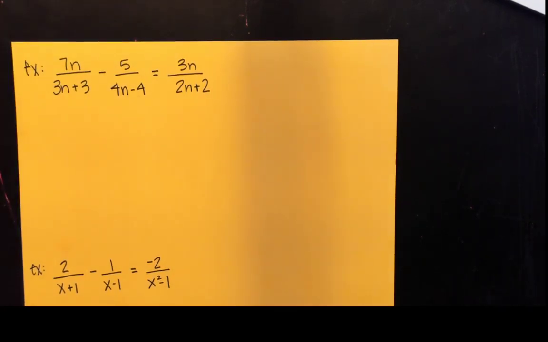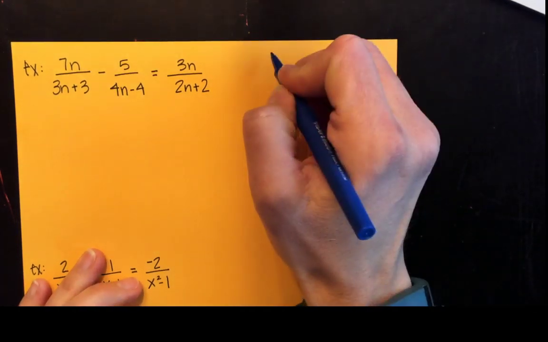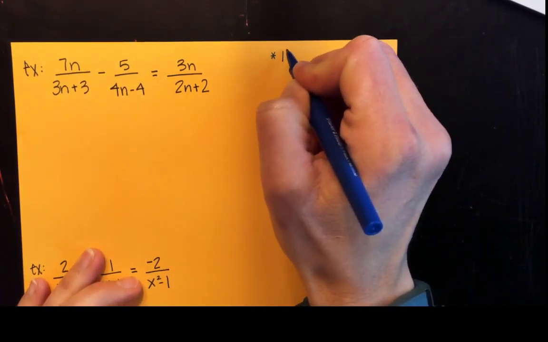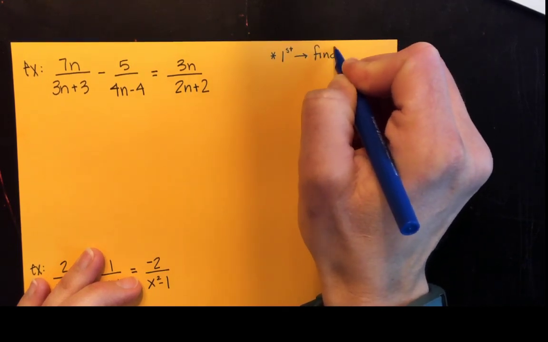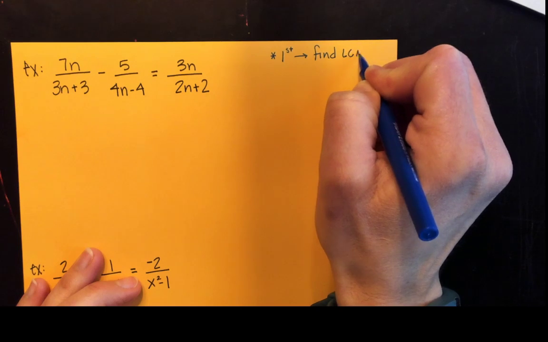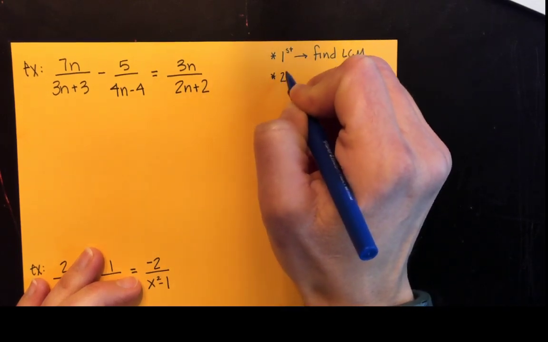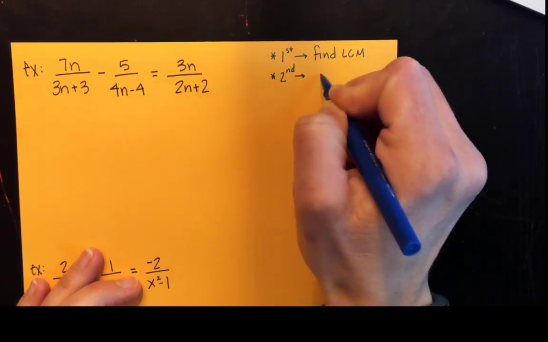And what I'm going to do is kind of set up steps off to the side here. So the first step is to find the LCM. The second step is to distribute.